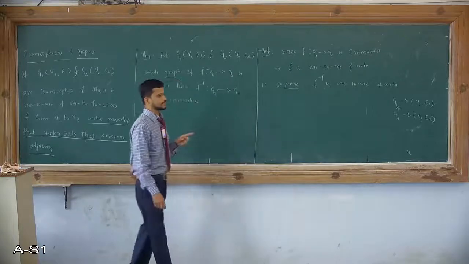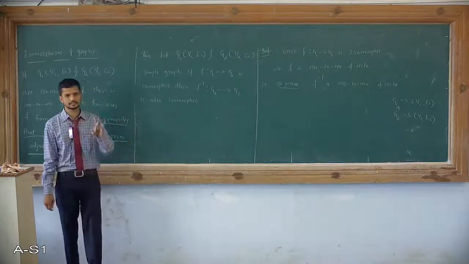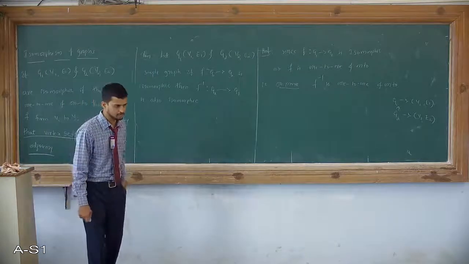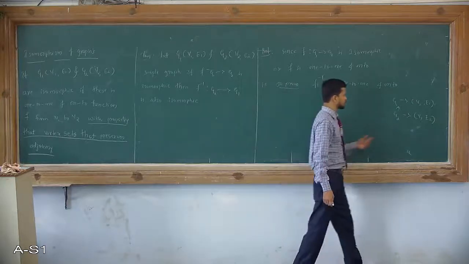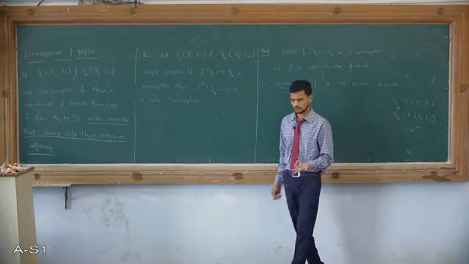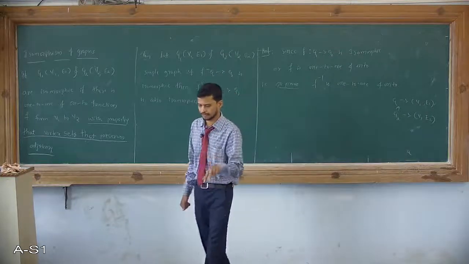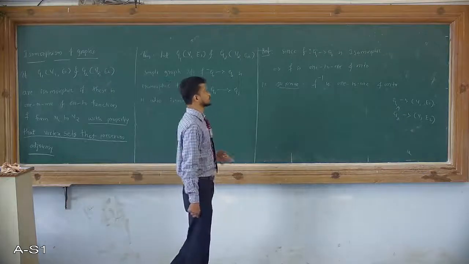For that, if I want to prove adjacency is preserved, at least it is required to have two vertices in graph G2. If I take a, b in V1, f of a, f of b in G2. Conversely, if I take f of a and f of b in G2, I need to show that a, b exists in V1.